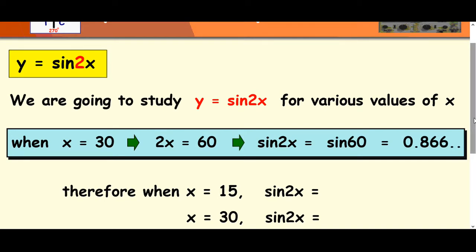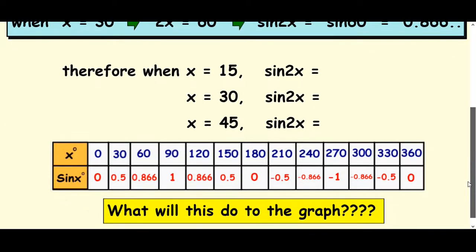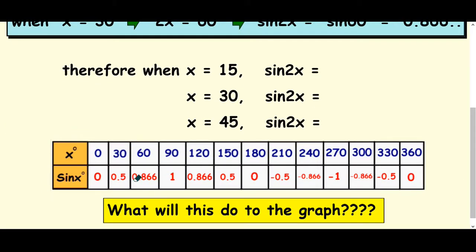That might not tell us too much, but if we refer it back to the normal graph, here's the normal sine wave graph. It peaks at 90, goes up to 1, at 180 back to 0, 270 down to -1, 360 back to 0. Now if you put in 15 to sine 2x, that's really the sine of 30, which is a half. So this half value is happening at 15 instead of 30.